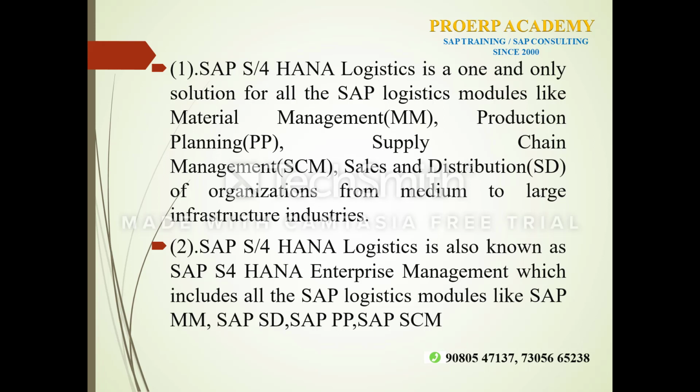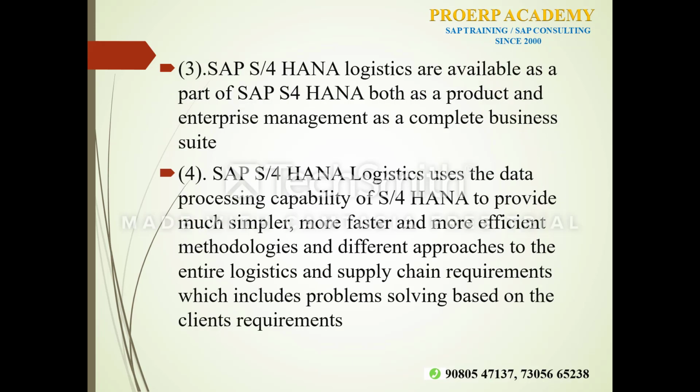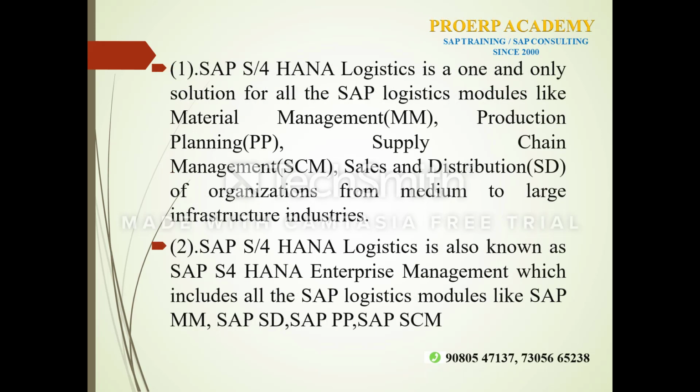And one more important advantage of learning this simple logistics module is that it is available as S/4HANA enterprise management, which includes all the combinations of the logistics modules. As we have already discussed, all the logistics modules consist of material management, sales and distribution, production planning, as well as the supply chain management module of the SAP system.